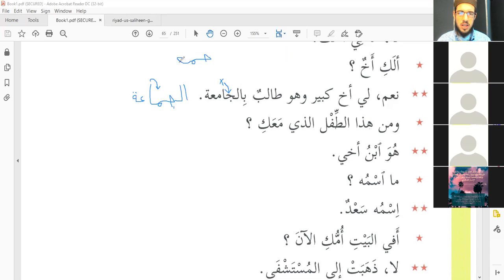It's good that you mix them up because it shows us that they come from the same root, jim, mim, ain, which means to gather, to gather together, right? And so Jami'a, as we know, means university, and Jama'a, which is on our tongues because of the hadith, Ahl Sunnah wal Jama'a, is the masses or the grouping, the group.